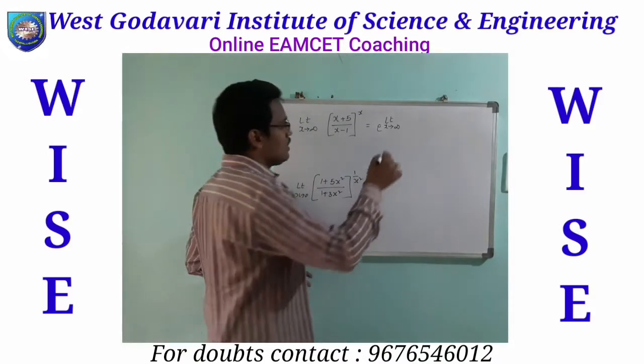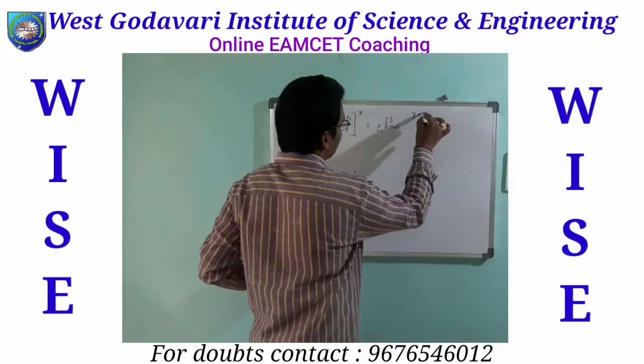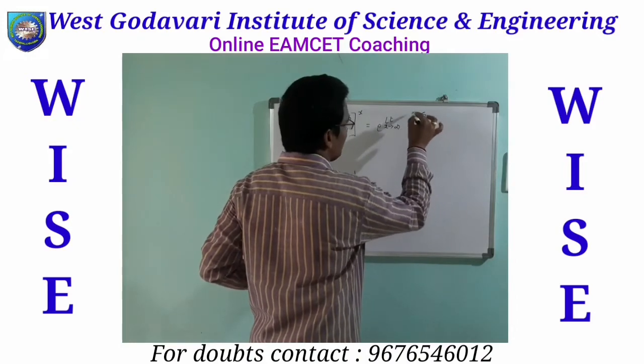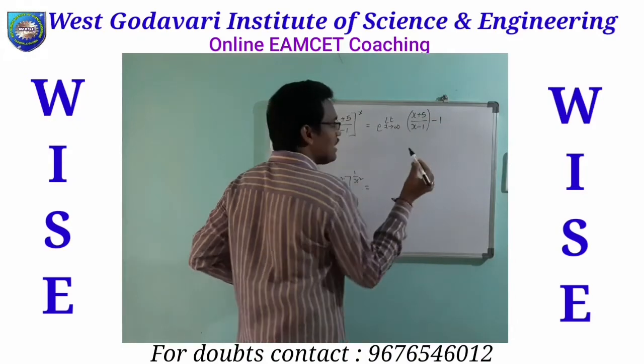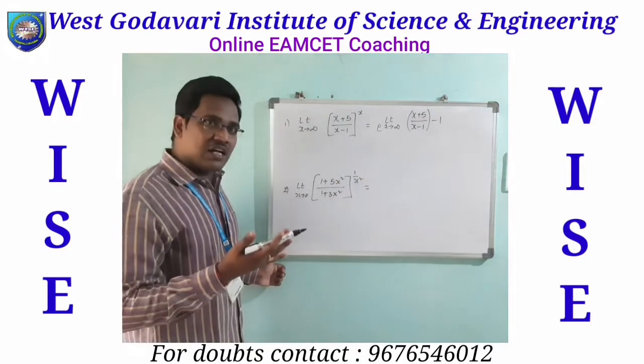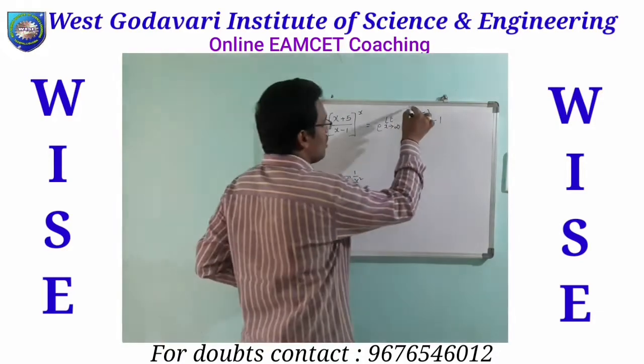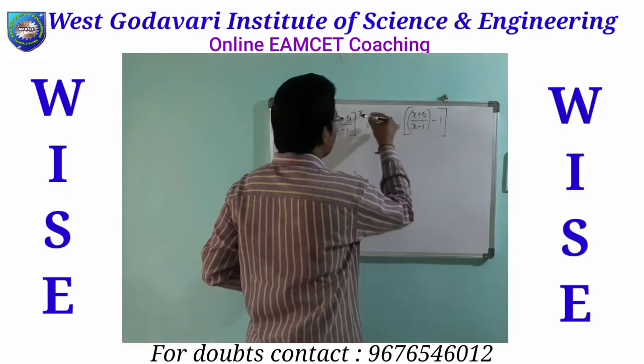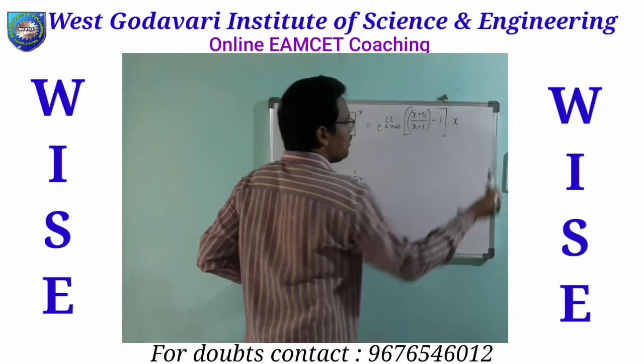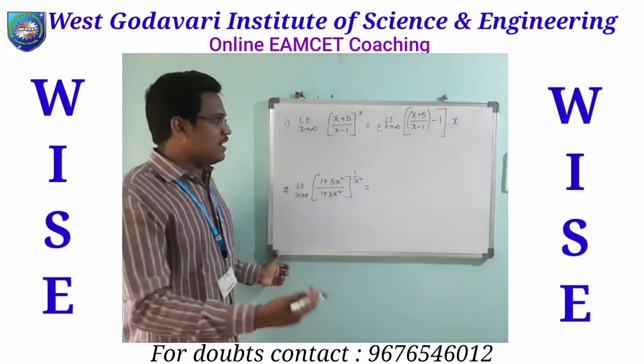Cut down the tree means x plus 5 by x minus 1, minus 1. Whenever we cut down the tree, the monkey comes down. Here the monkey value is x, so into x. Now we can simplify this.